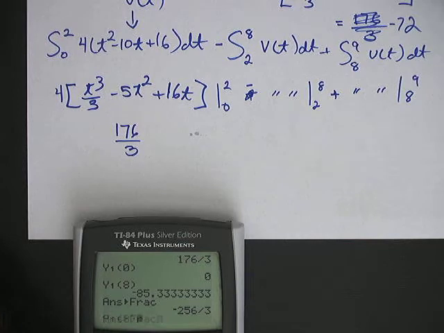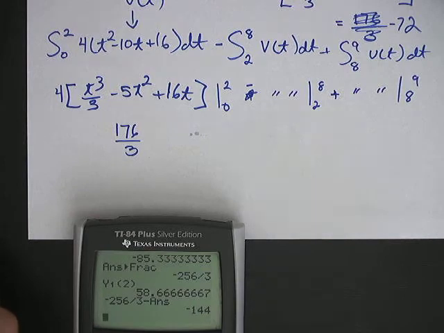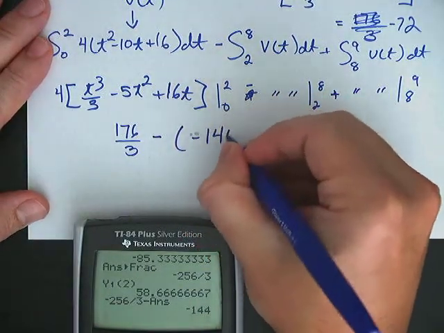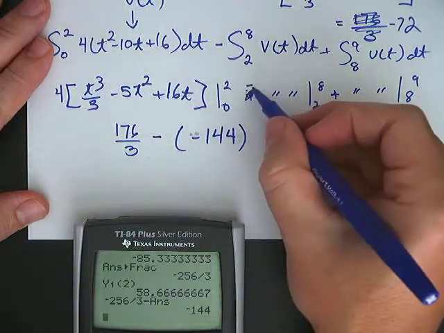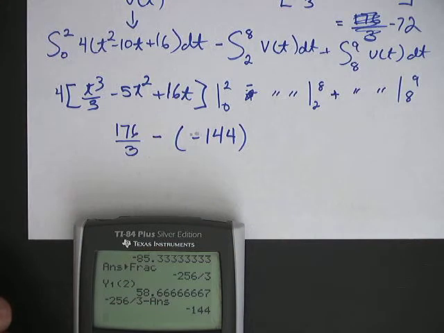I'll do it again just in case. So we'll do negative 256/3 minus answer. Second answer. Okay, so that's 144. So this middle one is going to be minus a negative 144. Okay, and finally, the last one to do was the 9.